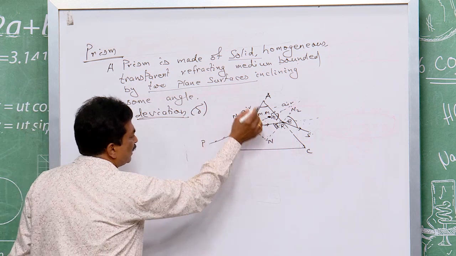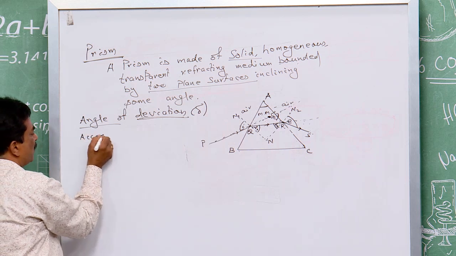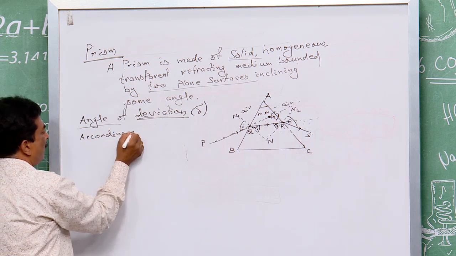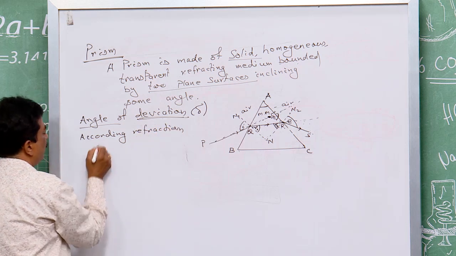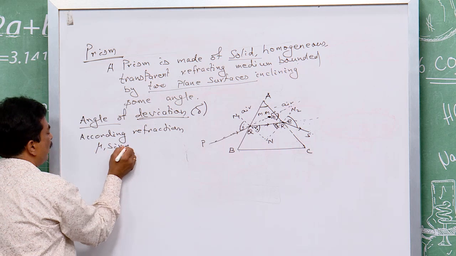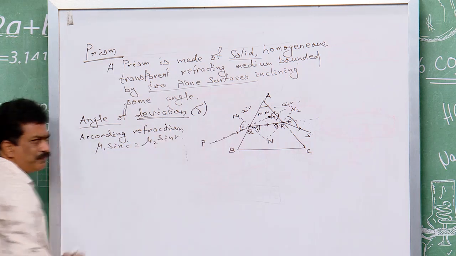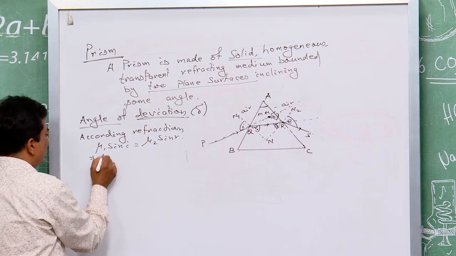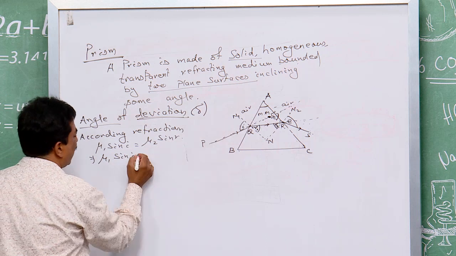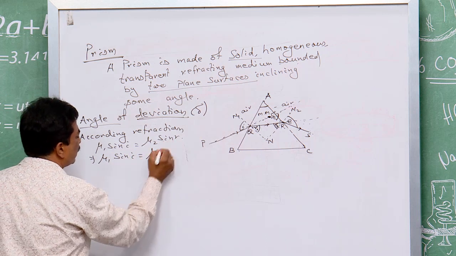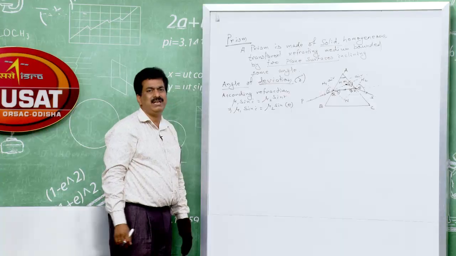So now you see that the refraction is taking place. According to refraction, mu1 sin i is equal to mu2 sin r, we know. So that implies mu1 sin i, where we have taken it as i, and mu2 sin r, where we have taken r as e here.